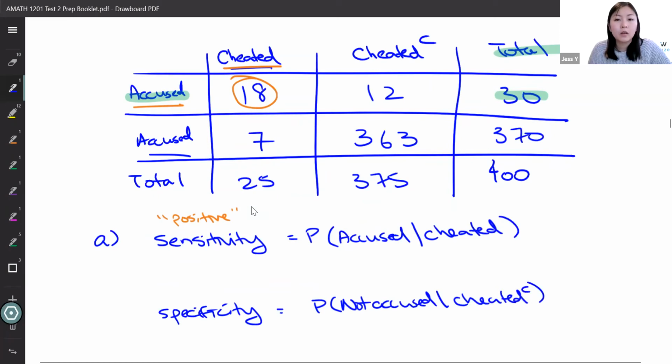Okay, so go ahead, fill these out. Let me know what you get for the probabilities here. Need some help?